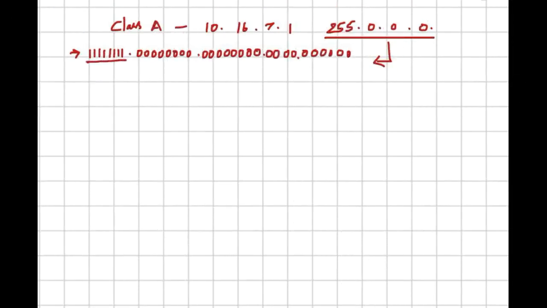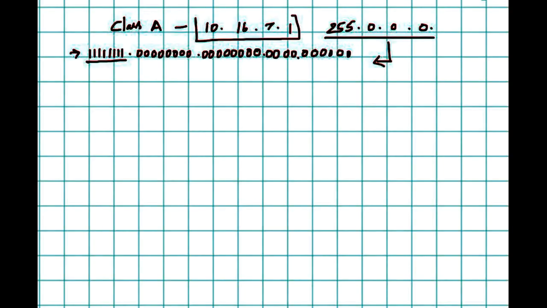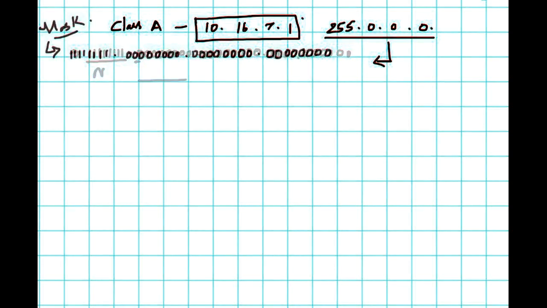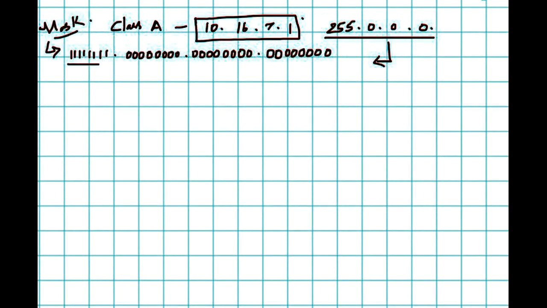In order to make more subnetworks available for this IP, what we do is borrow bits from the host part. This is the network part and this is the host part. The network portion we can't do anything with. So we borrow some bits from the host portion.